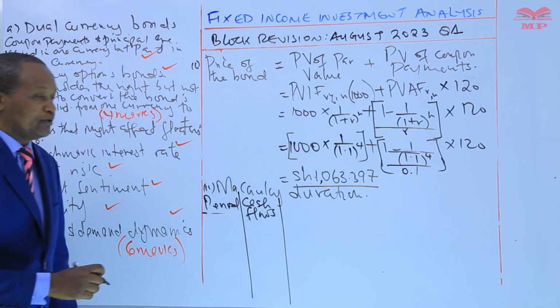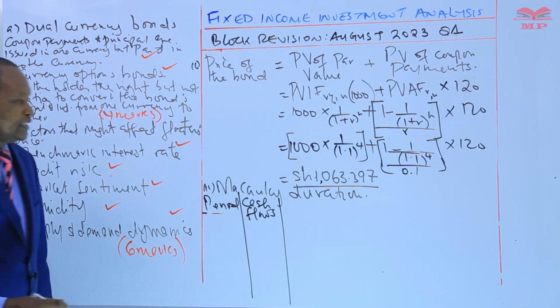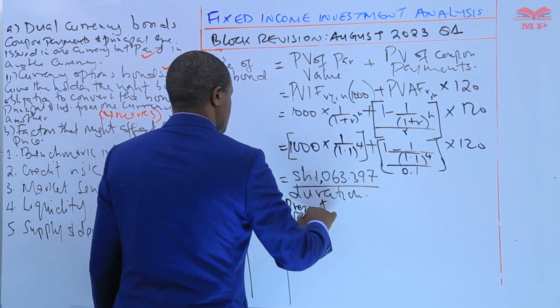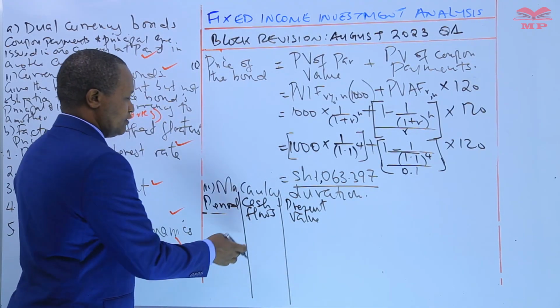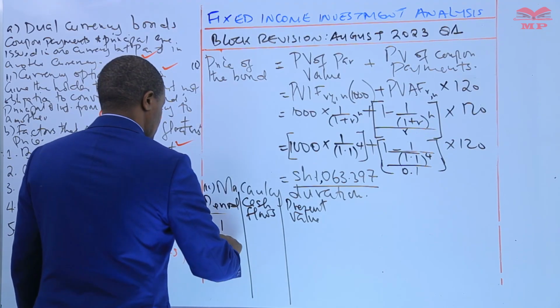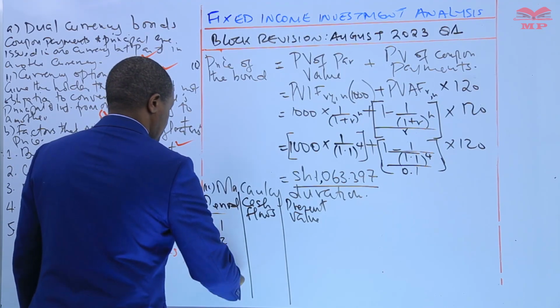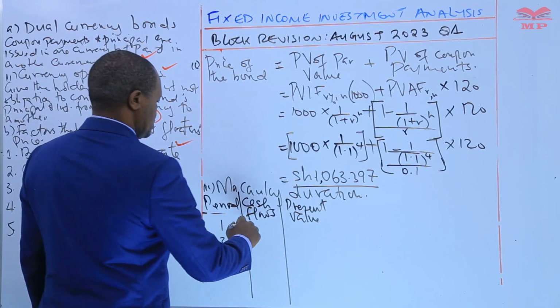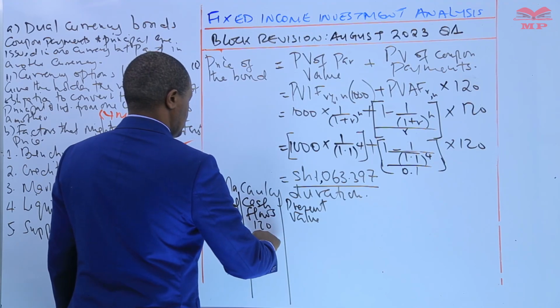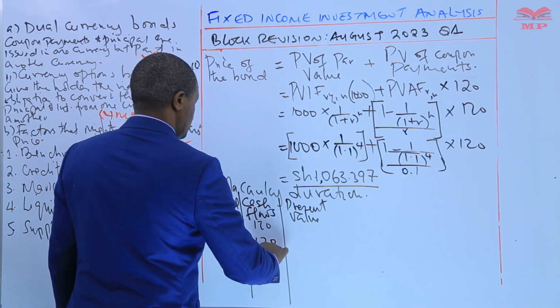We'll have another column for the present values, PV. So we'll have the periods. Let me put them down. 1, 2, 3, 4. The cash flows at the end of year 1 is 120, 120, 120.